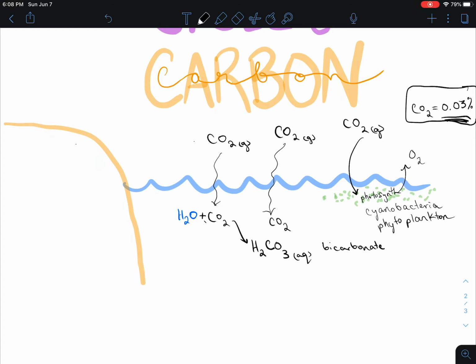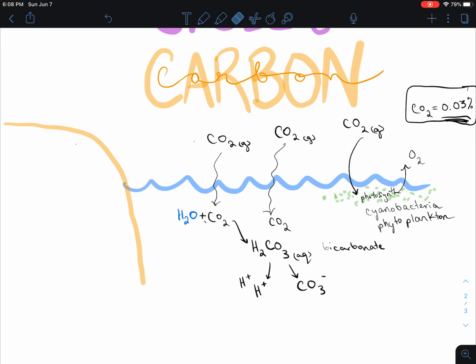So H2CO3, you might remember this from learning it earlier, or if you're good at chemistry. H2CO3 is an acid, and acids like to produce hydrogen ions, and that's what actually makes them an acid. Okay, so this dissociates, we get hydrogen ion, we get CO3 minus.